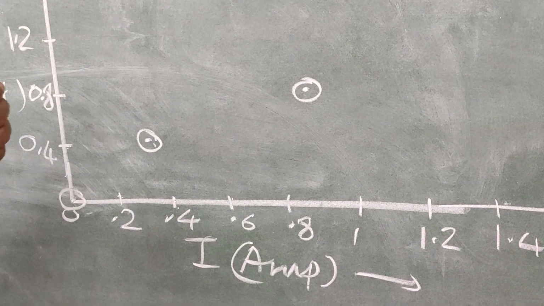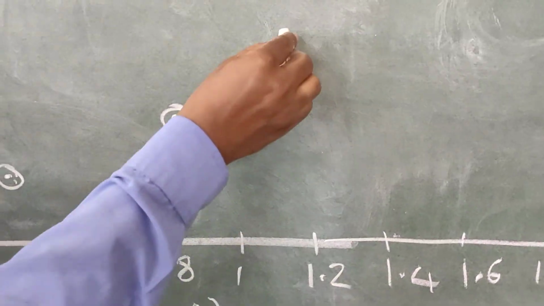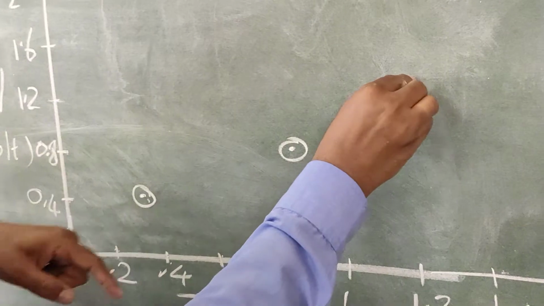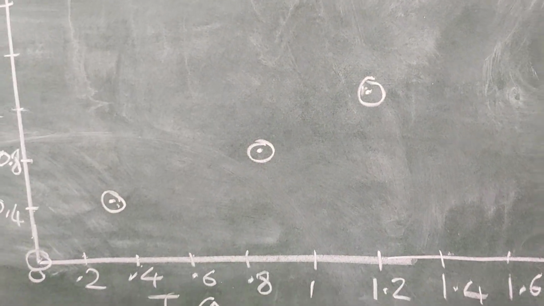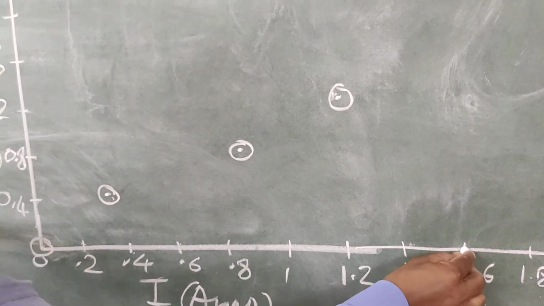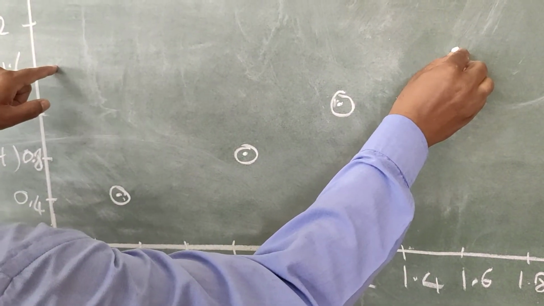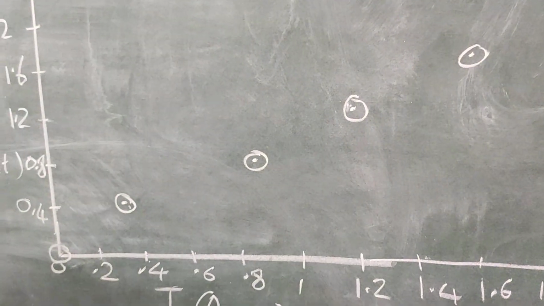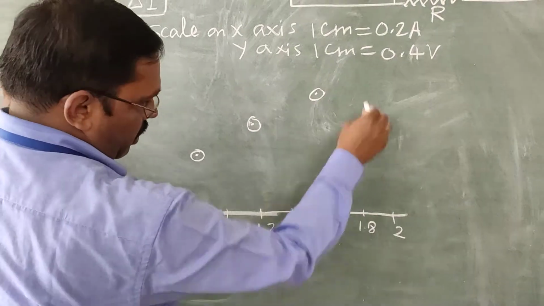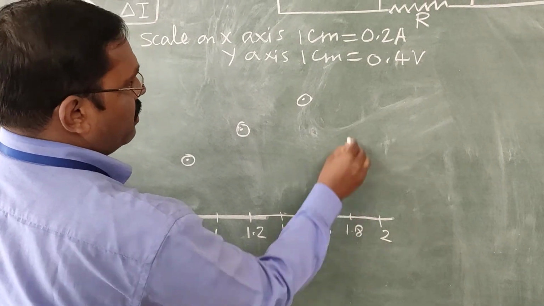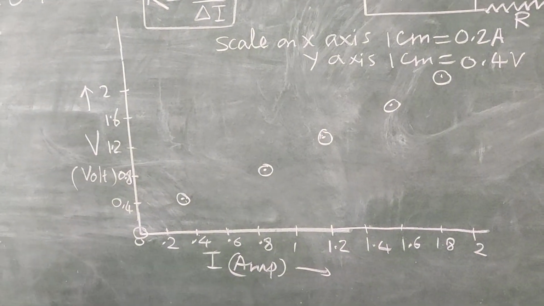Then 1.2, 1.2, here you will get it. Then 1.6, 1.6, same. Then 2 volt and 1.8. So these are the various readings.